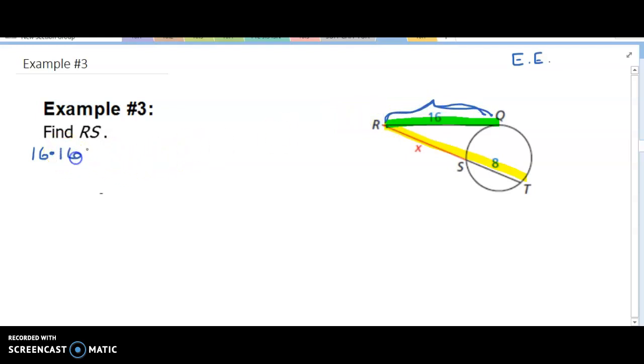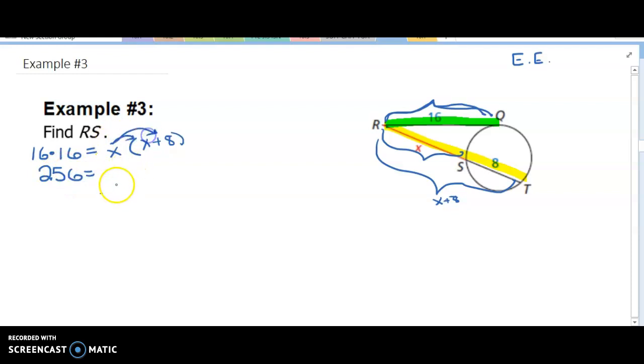So 16 times 16 equals exterior here is X times the entire thing, which would be X plus 8. All right, so 16 times 16 is just 16 squared, which is 256 equals, then I'm going to distribute this X through X squared plus 8X.